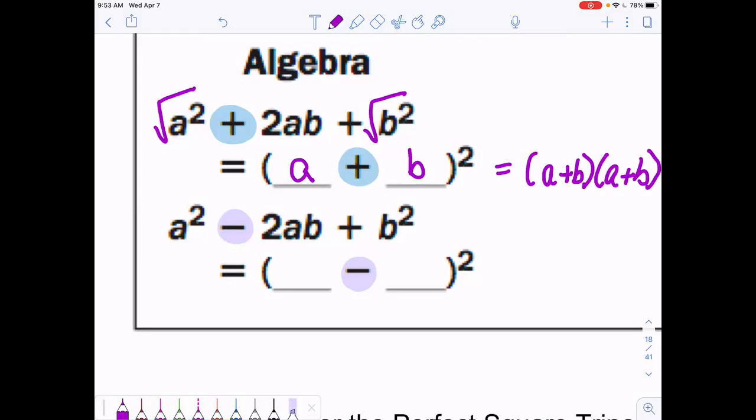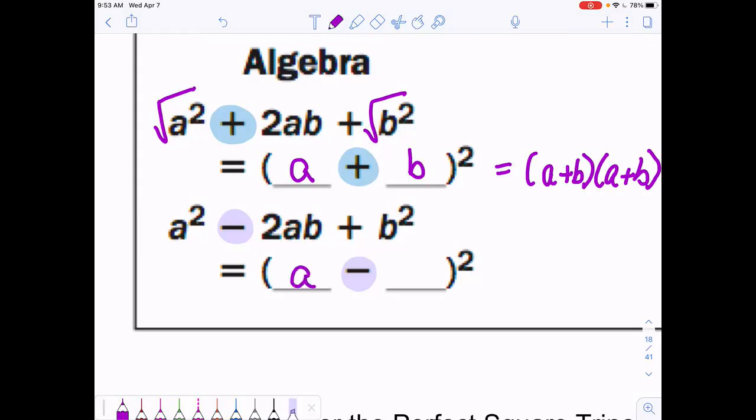Well, today, they're both going to be the same because a positive times a positive is how I keep a positive value. So every time we factor, our answer today is going to be in parentheses, and that parentheses is going to be squared.